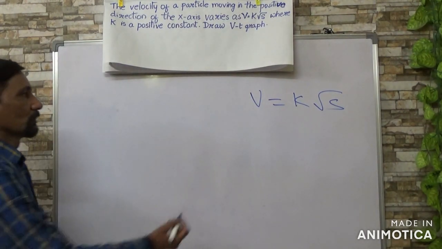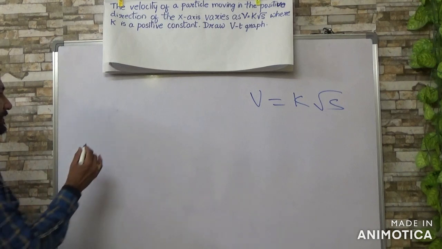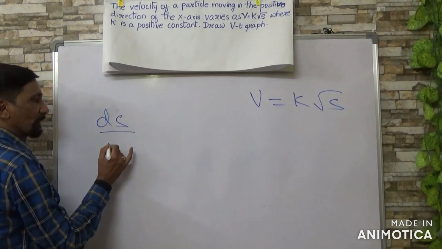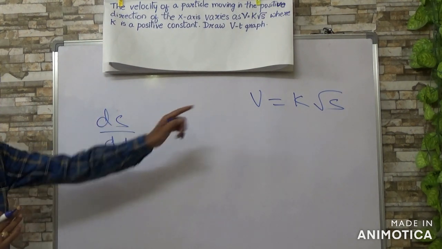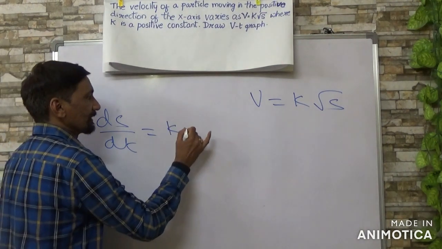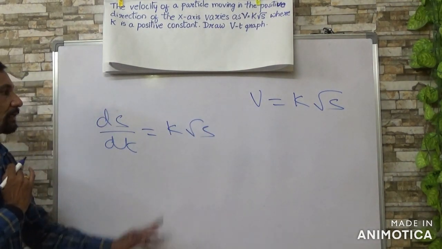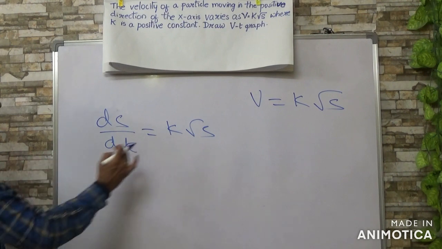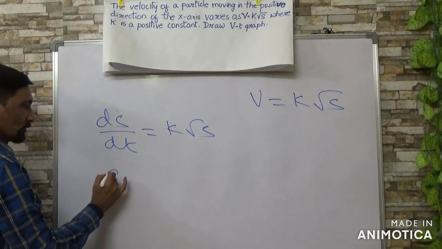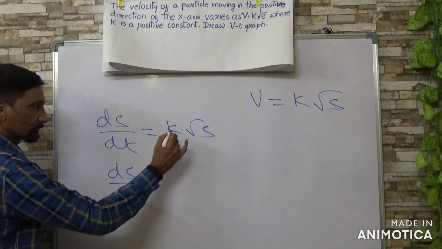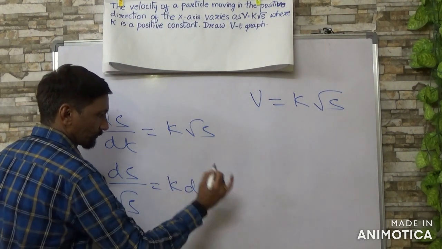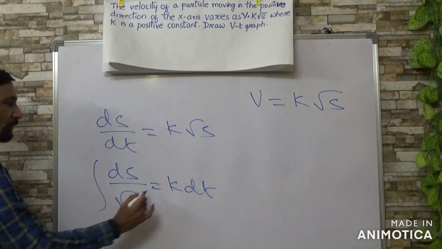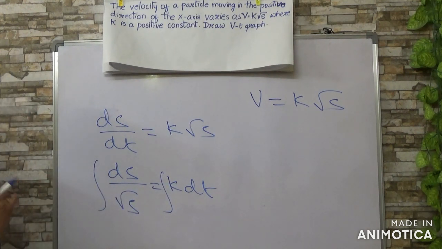Okay. So you know velocity is equivalent to displacement by time. So rate of change of displacement gives velocity. So ds by dt is taken as k root s. Right. So you bring this root s to this side. Now you integrate on both the sides.